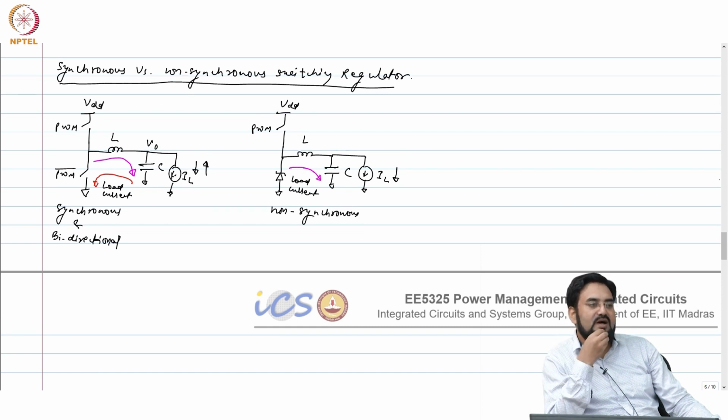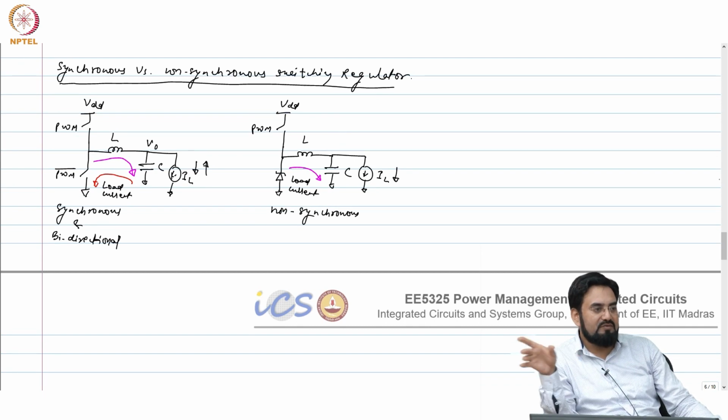For a diode there is no R, you have to take the diode drop. So let us say this is a normal diode, what will be the forward voltage? 0.7. So 1 amp and 0.7, 0.7 watt you lose, multiplied by your 1 minus D.